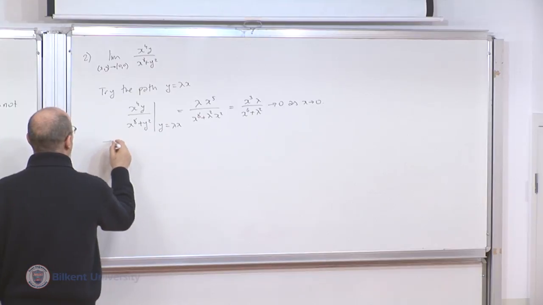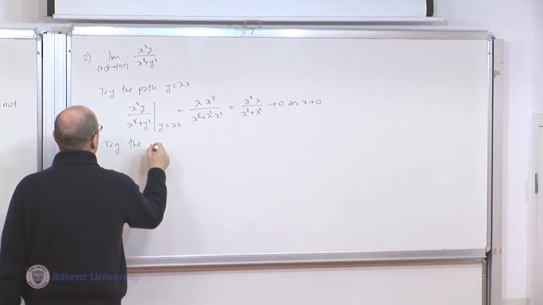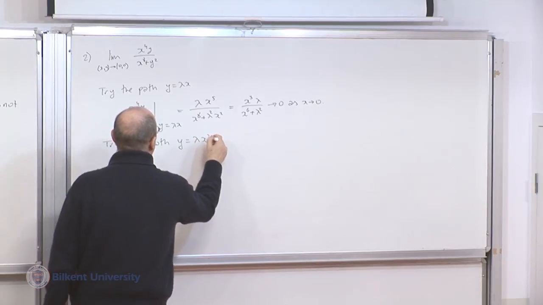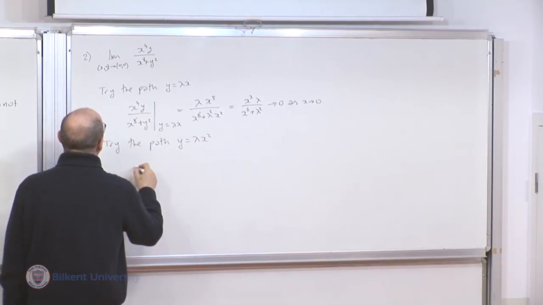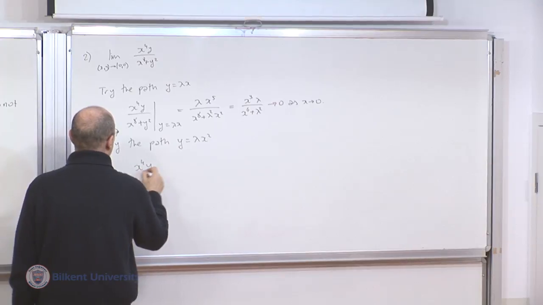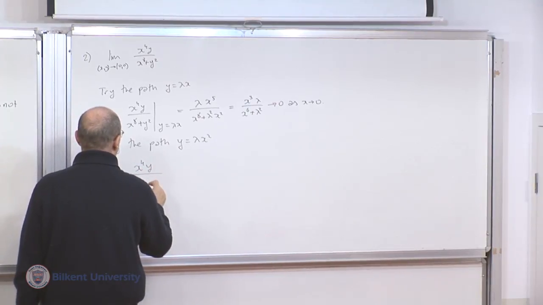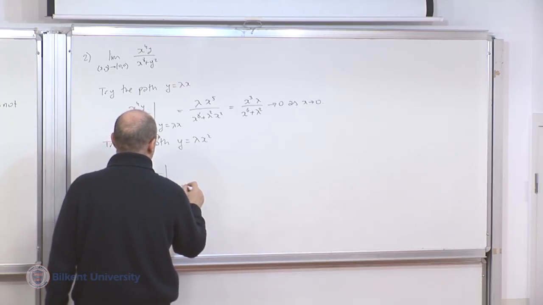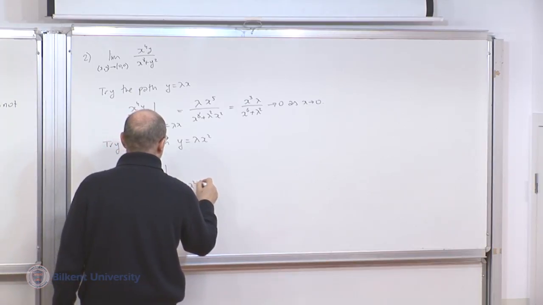Try the path y equals lambda x squared. So we will again have x to the 4 y over x to the 8 plus y squared, restricted to y equals lambda x squared.